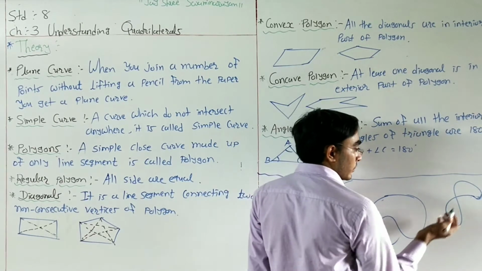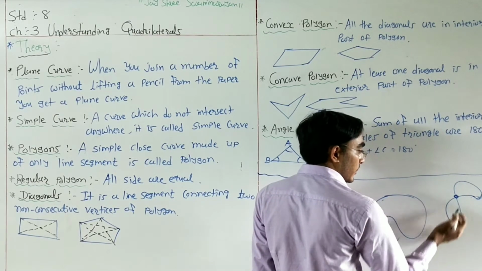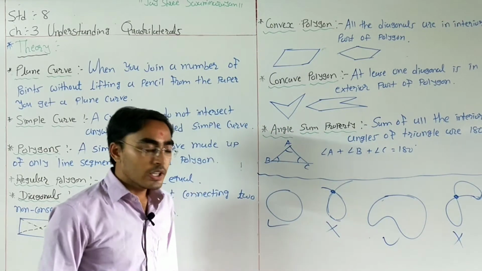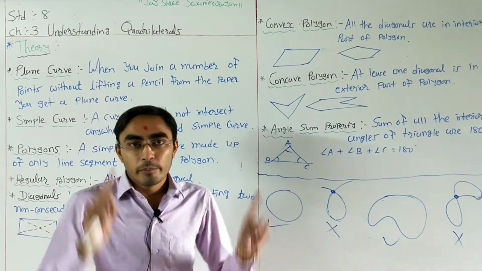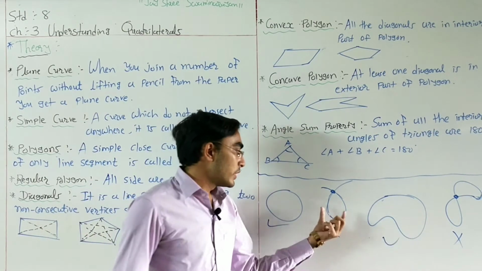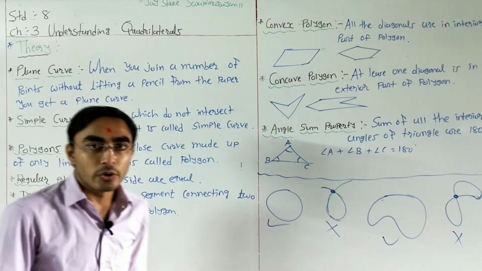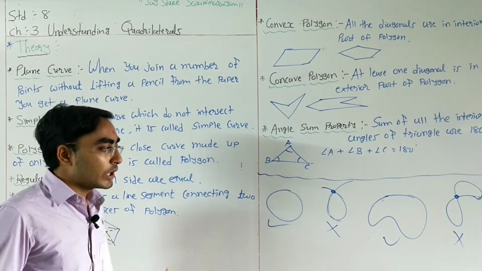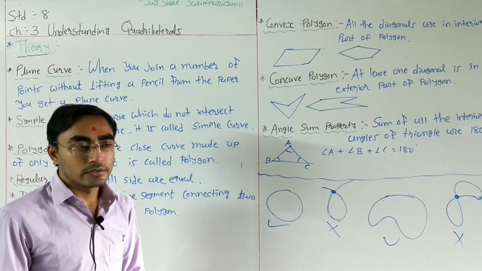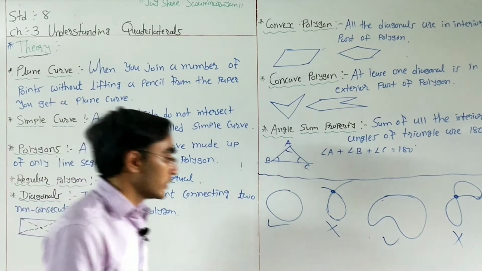If we talk about this curve, one intersection point is there, so this is not a simple curve. These all are plane curves, but out of these 4 curves, these 2 are simple curves and these 2 are not. A simple curve means one which does not intersect anywhere.